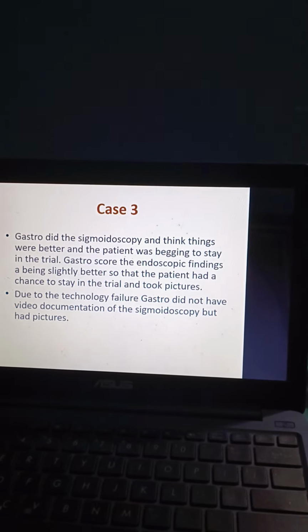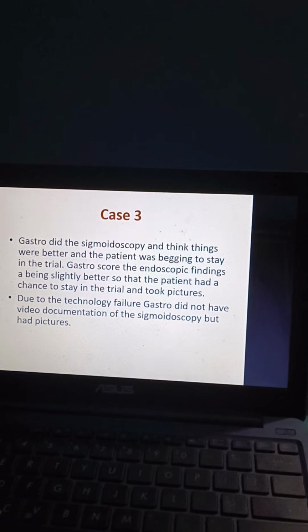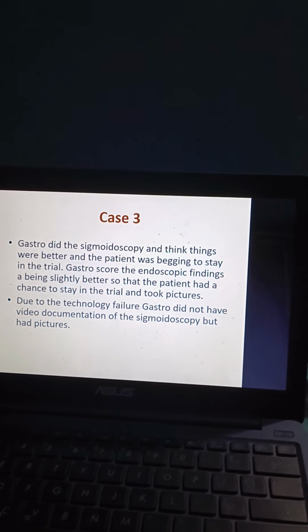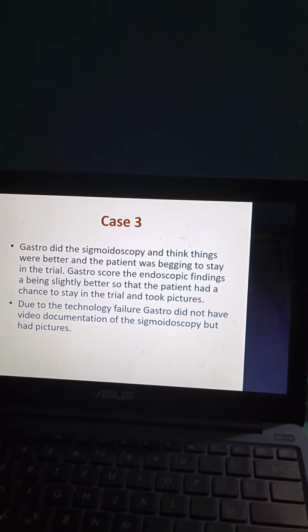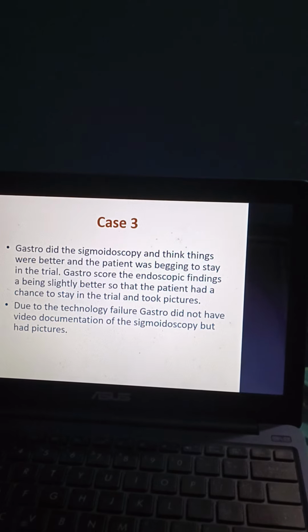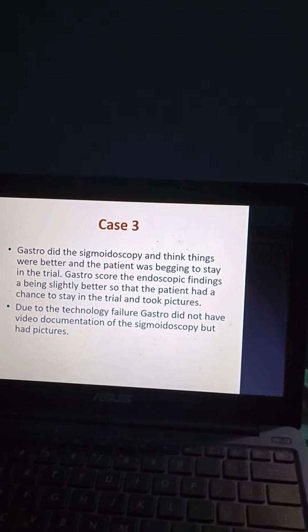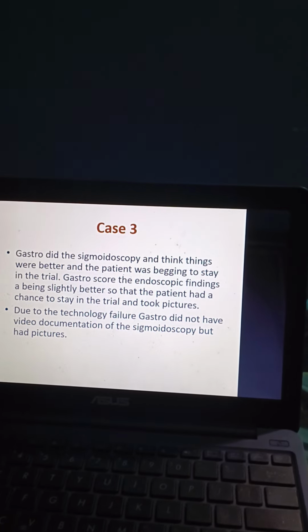The gastroenterologist did the sigmoidoscopy and thought things were better, and the patient was begging to stay in the trial. Gastro scored the endoscopic findings as slightly better, so that the patient had a chance to stay in the trial, and took pictures.